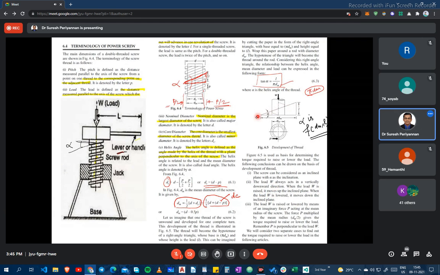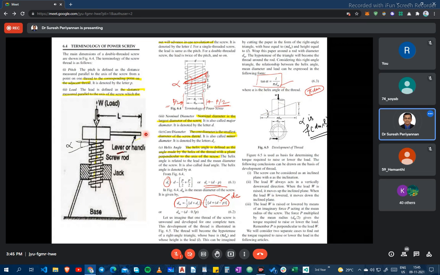Going up, the load moves upward on the inclined plane of the thread. Now, very important: the load is raised or lowered by means of the applied force P on the lever or handle.